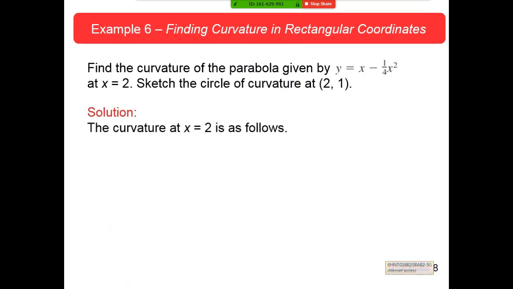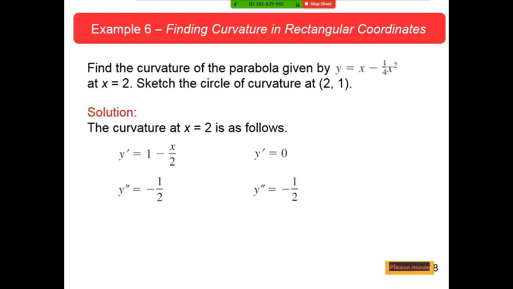The curvature at 2 is as follows. Y prime is equal to 1 minus x over 2, or 1 minus 1/2 x is how I said it. And then when you plug in x equal 2, you get 1 minus 1, which is 0. Y prime at that point is 0. Y double prime is -1/2.